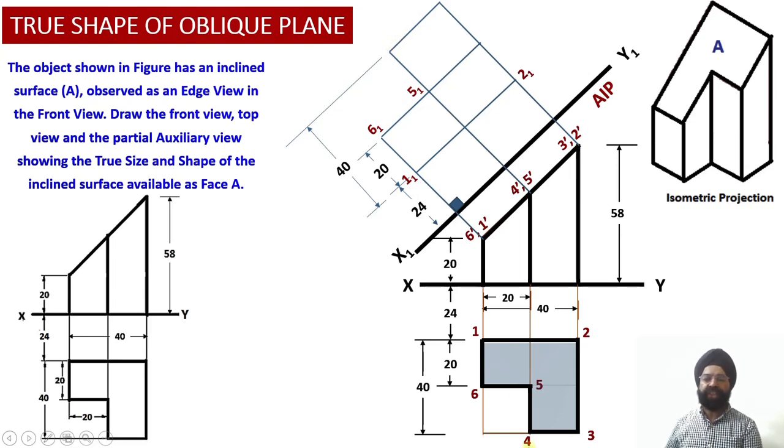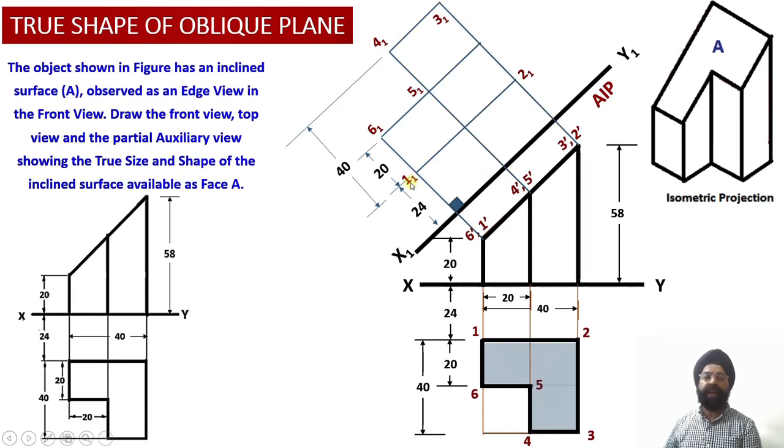And now the projection of point 4 will be obtained on the projection line corresponding to the point 4 dash at a distance of 64 millimeter from the AIP. So this distance happens to be 64 millimeter from the auxiliary inclined plane. So here we get the projection of point 4 as 4 1. Similarly, the projection of point 3 onto the auxiliary plan view will be called 3 1. So this point 3 1 is obtained at a distance of 64 millimeter from the auxiliary inclined plane.